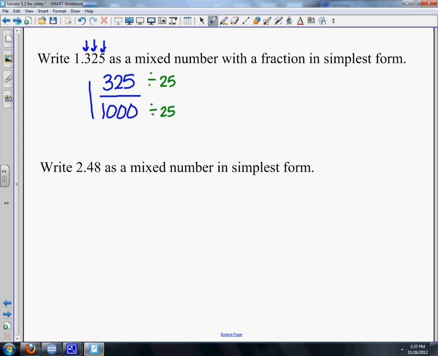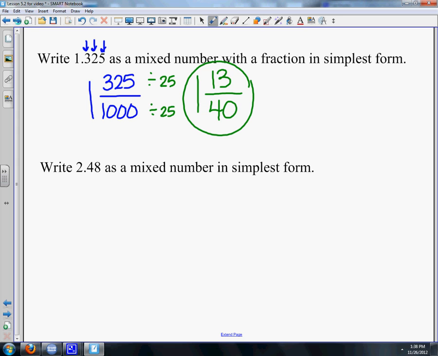So just think about it as money. 325. If I had $3.25, how many quarters would I have? Well, there's 4 quarters in $1, so that would be 4, 8, 12, and then plus 1 more. So that's 13. And then I have 1,000, so that would be over 40. So I have 1 and 13/40.